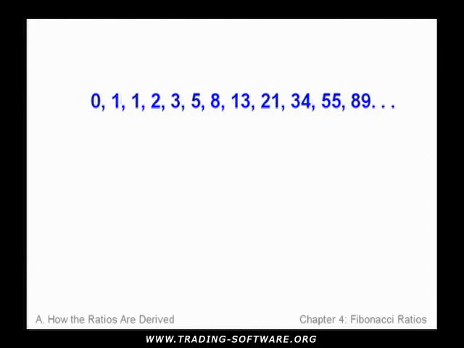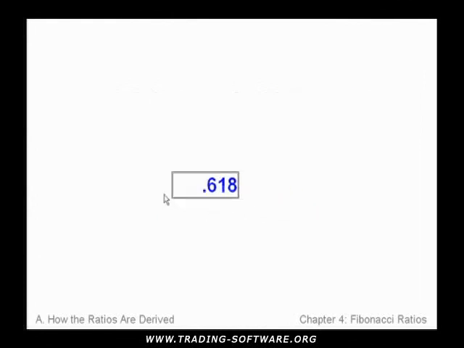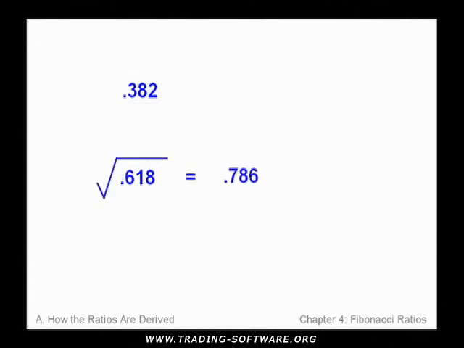Now if you take any number, especially one of the bigger ones, and divide it by the next one in the series, you'll get 0.618, which is the root Fibonacci ratio. When we square this root ratio, we get 0.382. When we take the square root of it, we get 0.786.